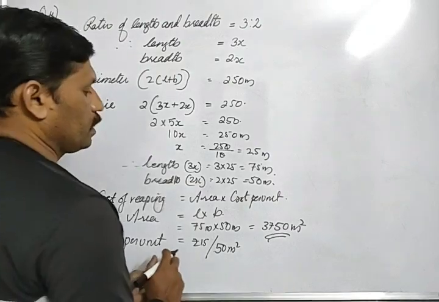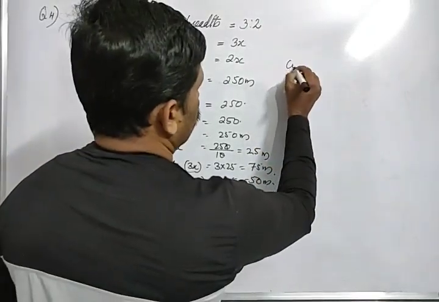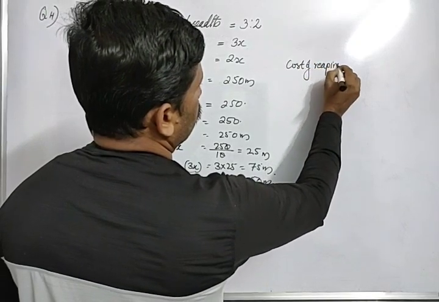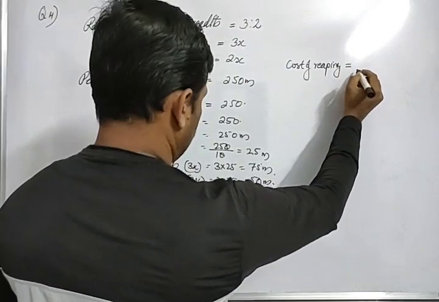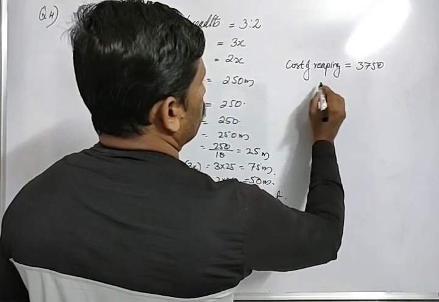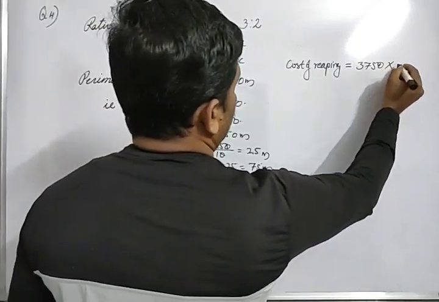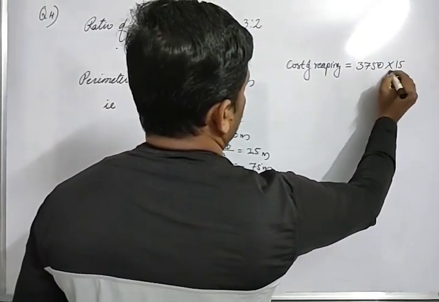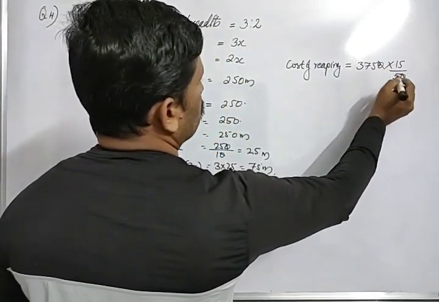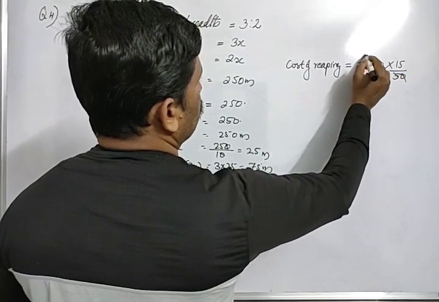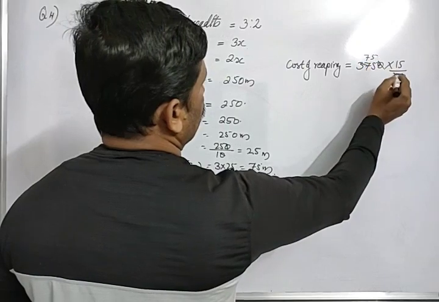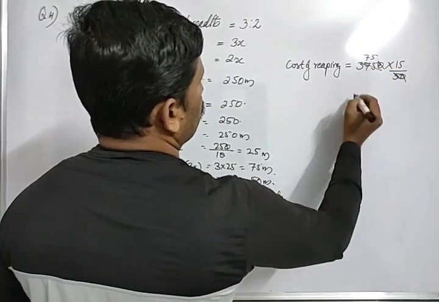Therefore, cost of reaping is equal to area into cost per unit. Area we have got already, 3750. That we multiply by 15 upon 50, means for 50 meter square, 15 rupees. So this we cut. Then 5 we can cut. 5 7s are 35. And 2 25. 5 5s are 75. 75 into 50.